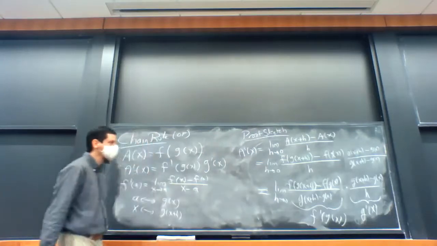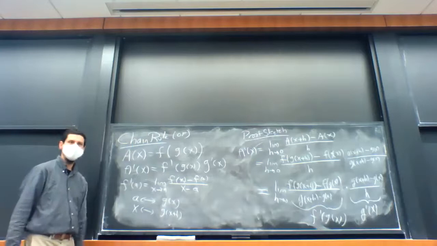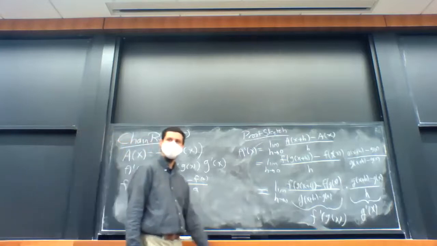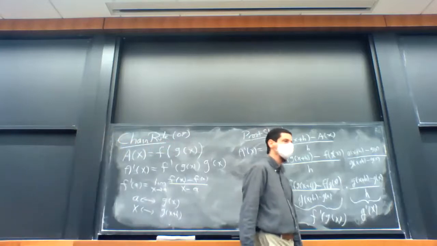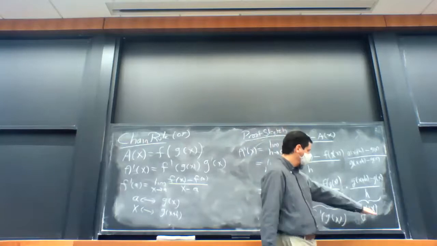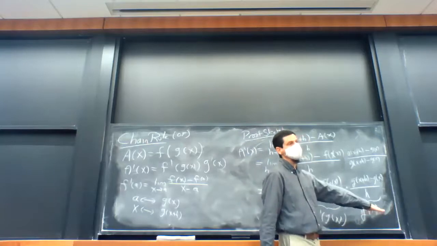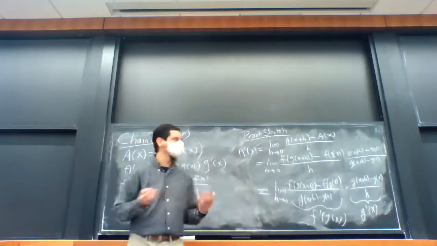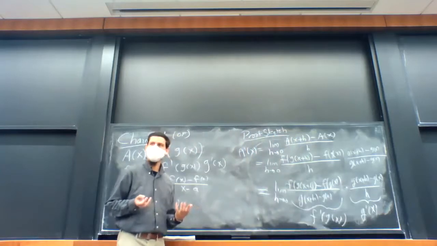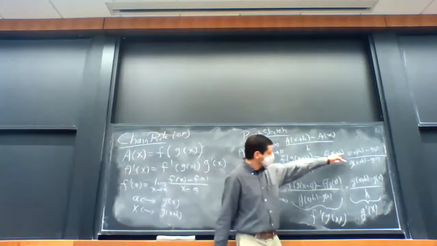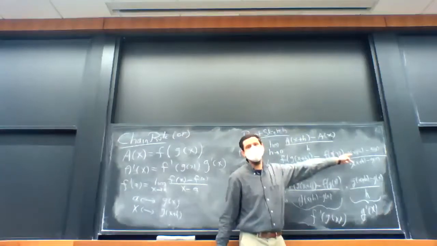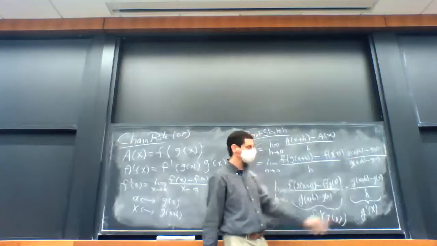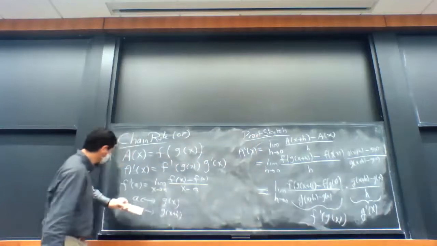We might have accidentally divided by 0. I'm sorry? Well, g prime over here is not dividing by g prime. Where did we do anything? There's only one place we really use something new. When I multiply, what if g of x plus h equals g of x? But h can't be 0. h can't be 0.